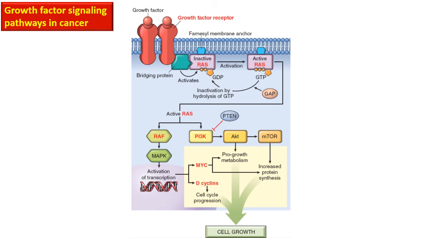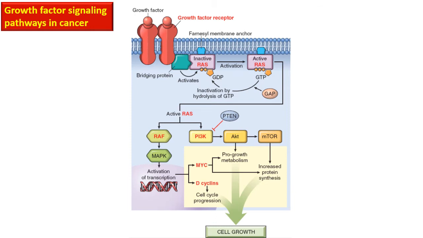Here you can see that growth factor has bound to the receptor for growth factor, and it is resulting in activation of the RAS by phosphorylation of the GDP and association of a bridging protein. This active RAS goes down and is responsible for activation of subsequent pathways that result in growth of the cell.